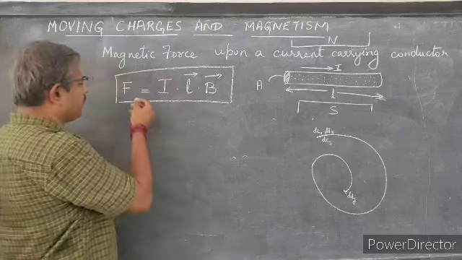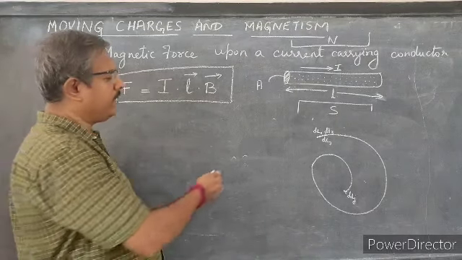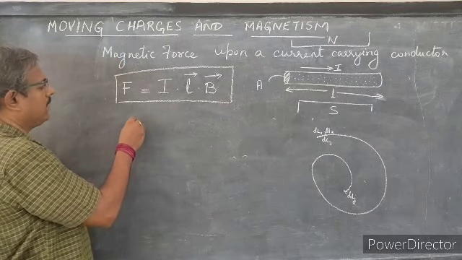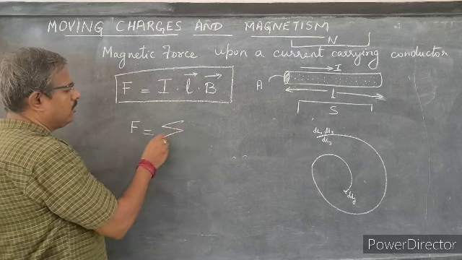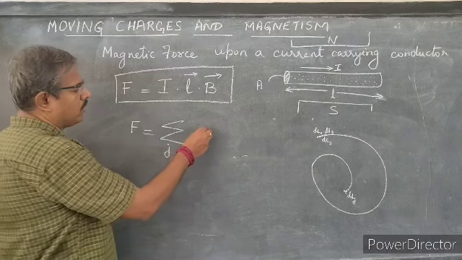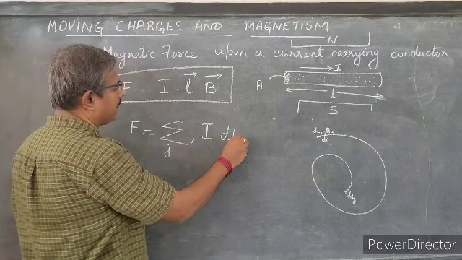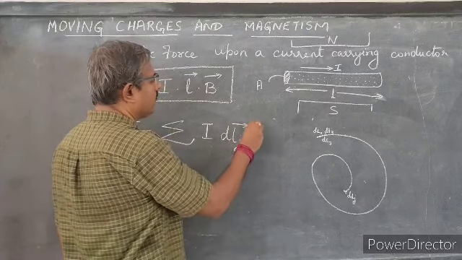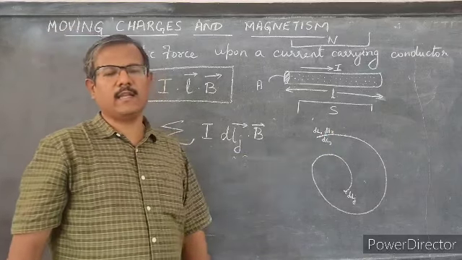In that case, the net force that's being felt by the current carrying conductor, which is not linear in shape, will then be a summation over all j. Over all j, we sum up the forces being felt by each of the individual linear pieces.